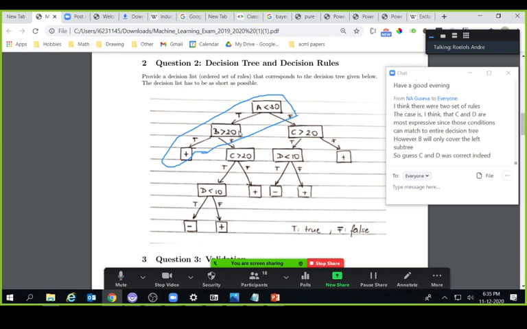Then you have a problem that B can never be reached, because you need to have an ordered set of rules, right? And we know that A kind of doesn't matter. So B would need to start with A if we wanted to go to B, because it doesn't cover the whole tree, only the left side of it. And then you would have every single condition in there, like if A, then B, then C. So I think the correct answer is C and D.